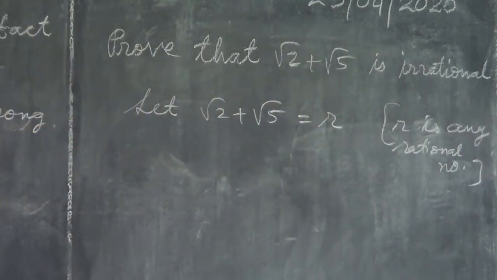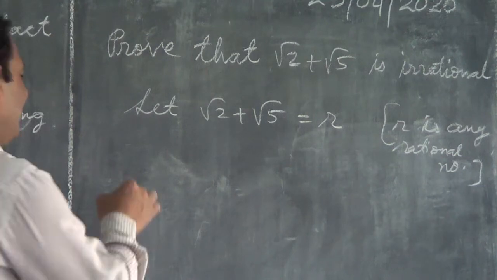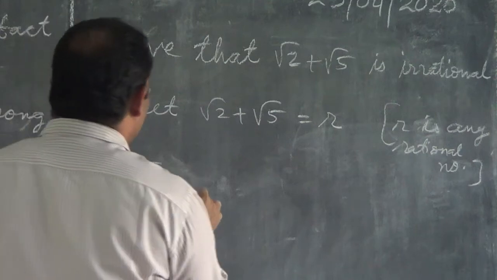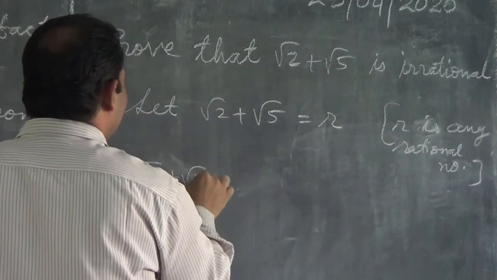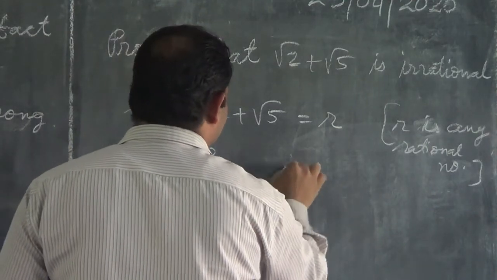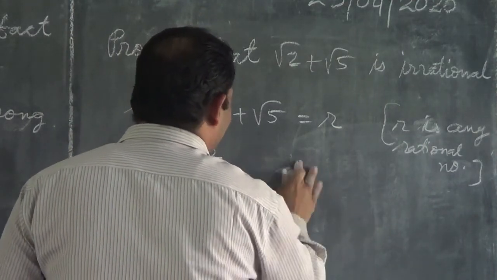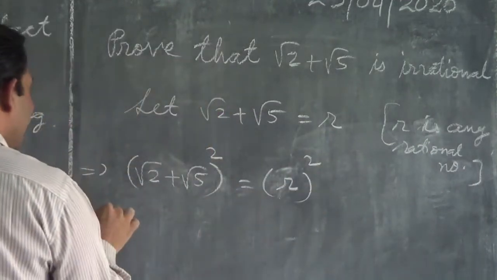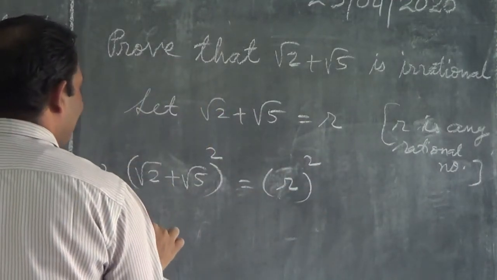Let root 2 plus root 5 equal to r. That means r is any rational number. Then what we can do? Root 2 plus root 5 whole square equals r whole square. Squaring both the sides, what we can get?